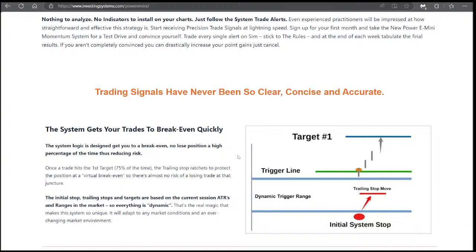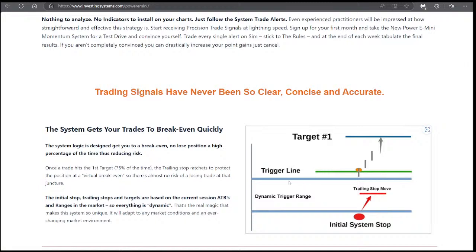I'm not going to get into that a whole lot. But what makes this system work, essentially, is the way all the pieces of the puzzle fit together. One of the main ones is that the system is designed as a breakout system. When the price breaks out of the range, it starts looking for an entry.